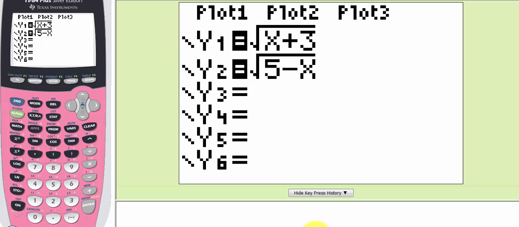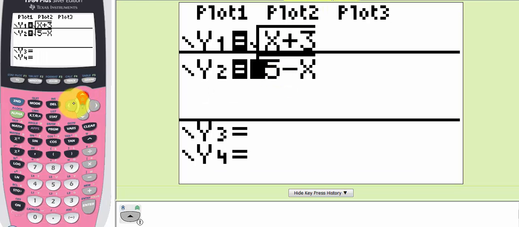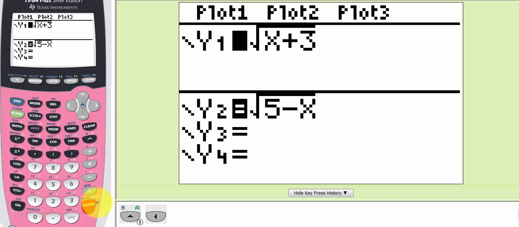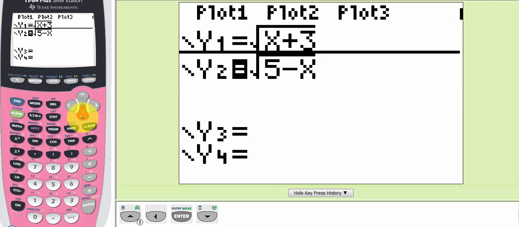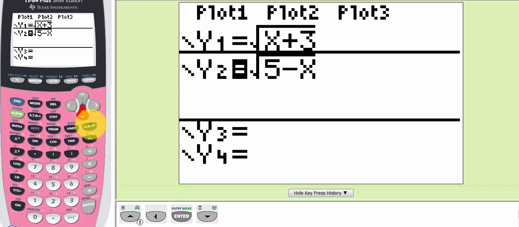So let's take the calculator. I think I've already entered my two functions. Yes, I've entered f into y1 and g into y2 right here. I don't want to graph them, so look what I'm going to do. I'm going to go on top of the equal sign and push enter, and this will unhighlight it.